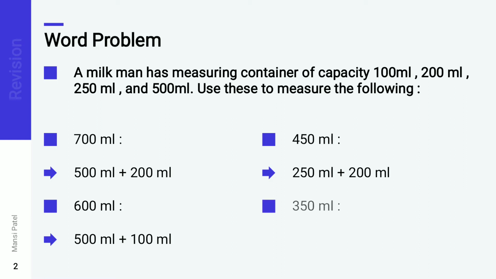Next, if you want to make 350 milliliter, which two capacities have a sum of 350? 100 milliliter plus 250 milliliter is equal to 350 milliliter. So there are different ways to do the addition.